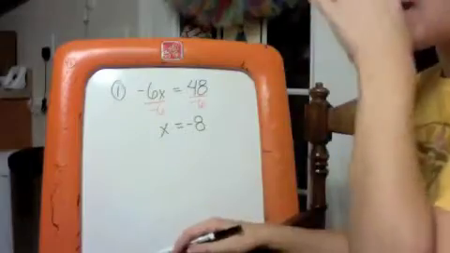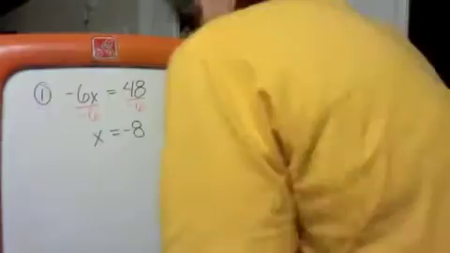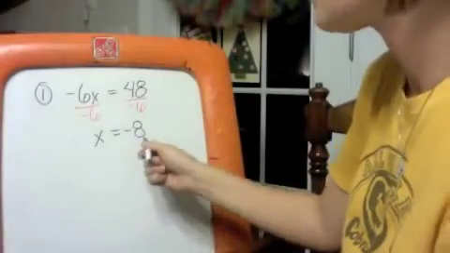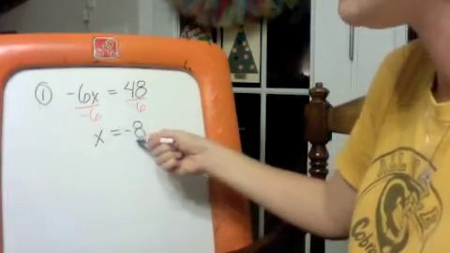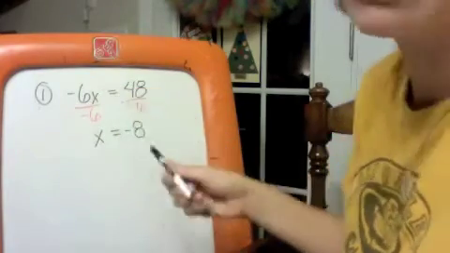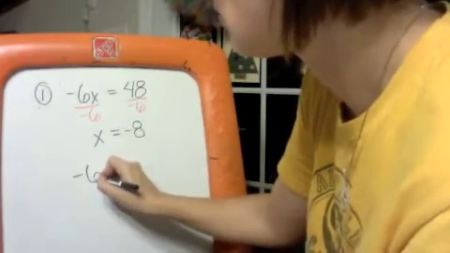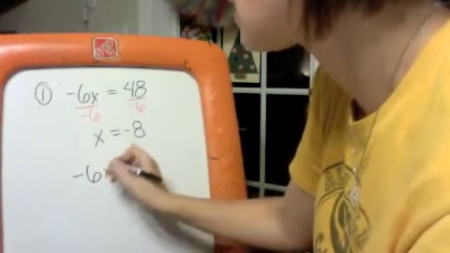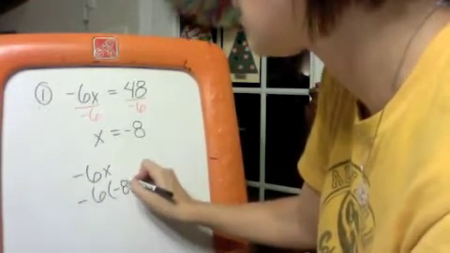x equals negative 8. I'm then going to check this. When I check it, I have to substitute what I find that my variable is equal to back into my original problem. So it would be negative 6x, and that's going to be negative 6 times a negative 8.